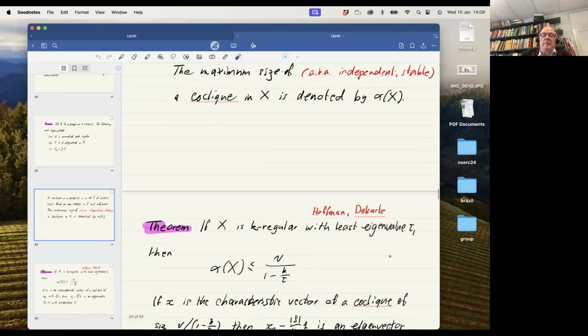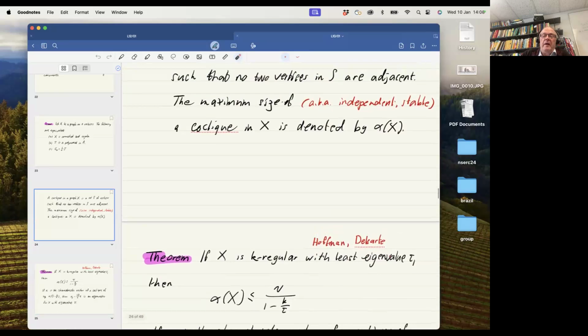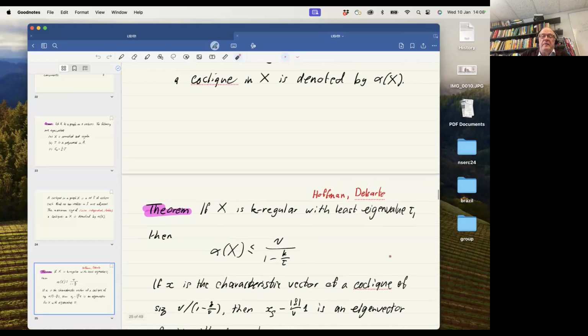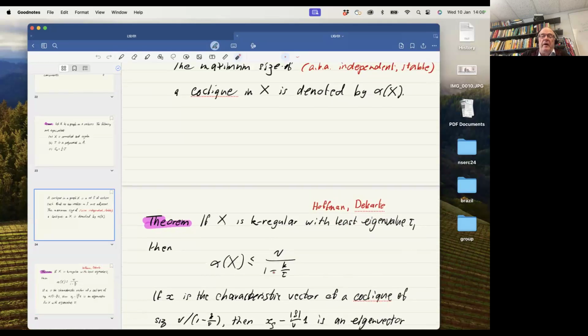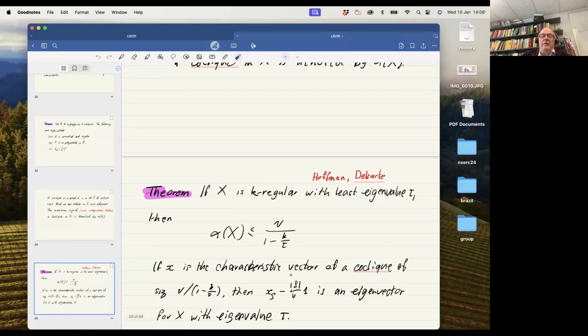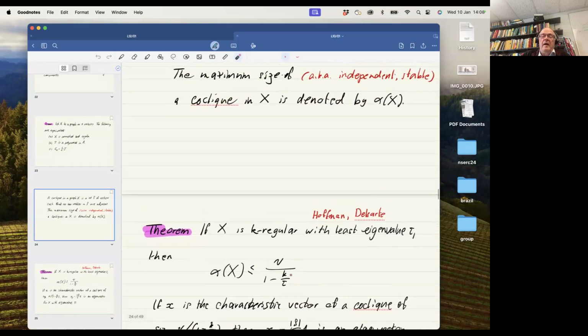The theorem I want is this: if I have a k-regular graph with least eigenvalue tau, then alpha of X, the maximum size of a co-clique, is at most the number of vertices divided by 1 minus k on tau. So this is an explicit upper bound on the size of a co-clique. Now, the thing to bear in mind is that, leaving out a few weasel words, we can compute the eigenvalues of a graph in polynomial time.